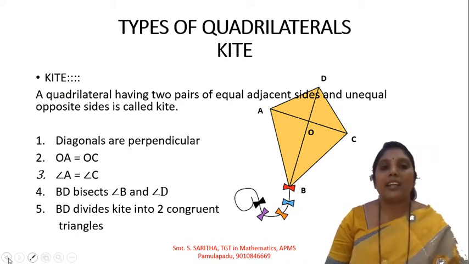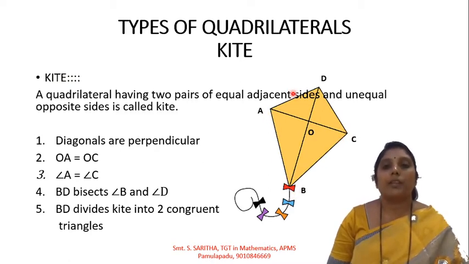Next, the next type of quadrilateral is called a kite. All of you might have observed the kite, you know very well. You play with kites. Here, in the kite, if you observe the figure, AD is equal to CD and AB is equal to BC. AD and CD are one pair of adjacent sides.